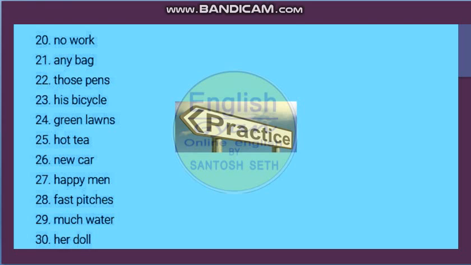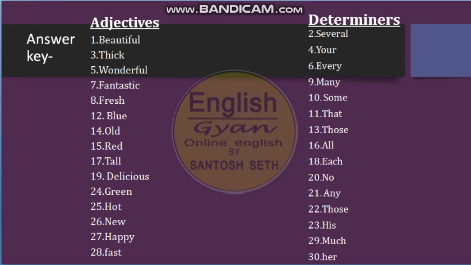So I hope you have selected which one is adjective and which one is determiner. The one which is telling about the quality, describing the noun, is adjective. So now it is time to tell you the right answers. And here before your eyes, the answer is this one.